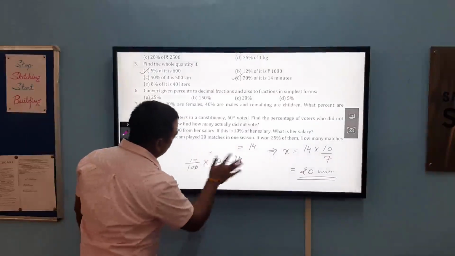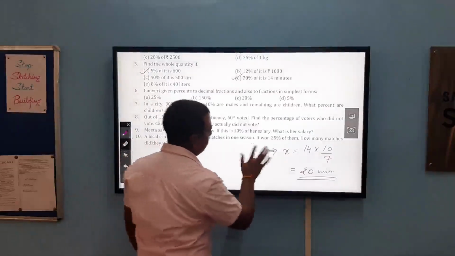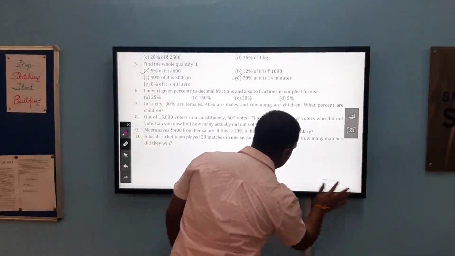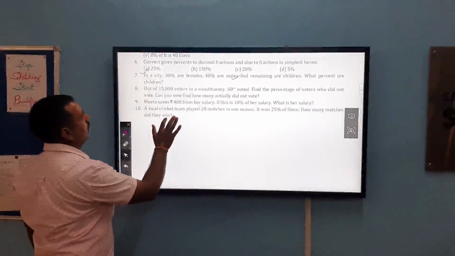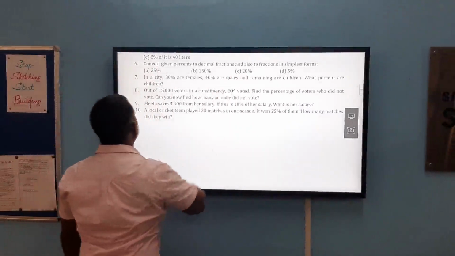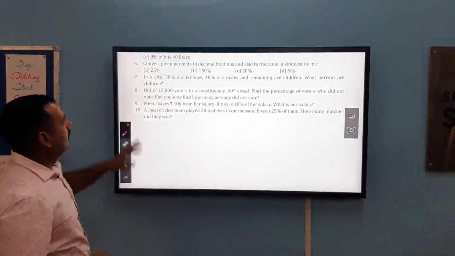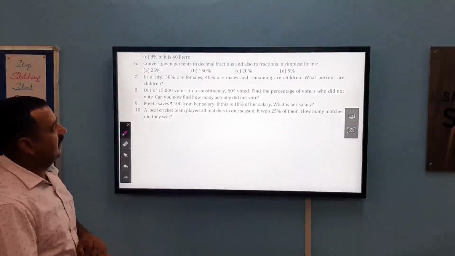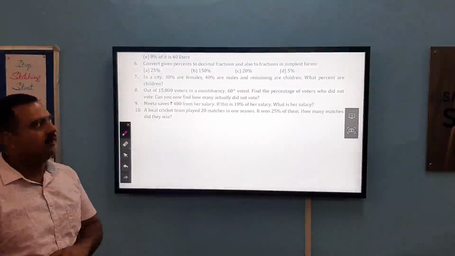Now, come to question number 6. In question number 6, convert the given percents to decimal fractions and also fractions in simplest form.